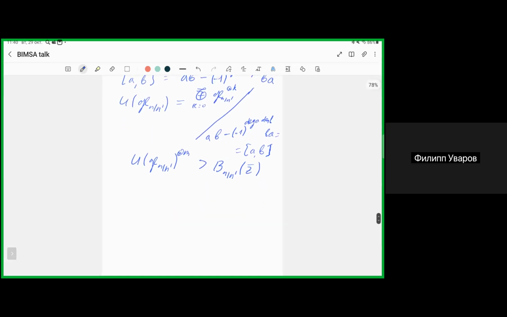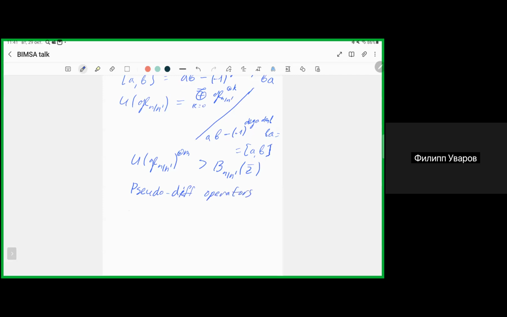Okay, so to construct this Bethe algebra inside U(GL(n|n')), instead of column determinant, I need what's called Berezinian. And for Berezinian, I need to invert my matrix L somehow. And to invert my matrix L, I need to introduce so-called pseudo-differential operators.